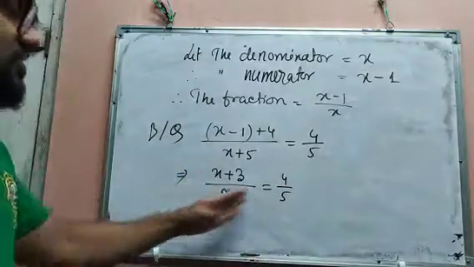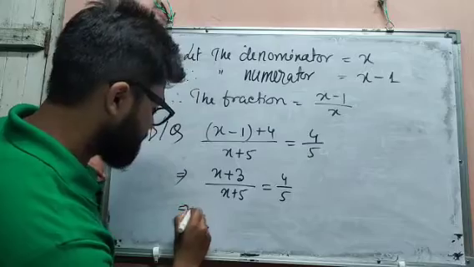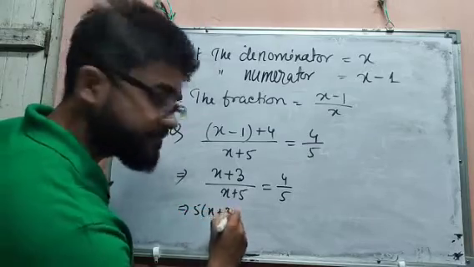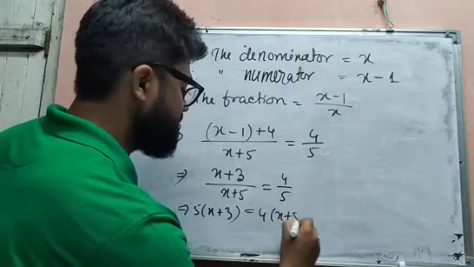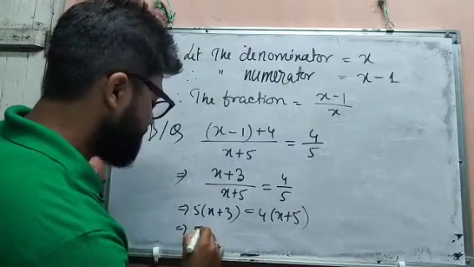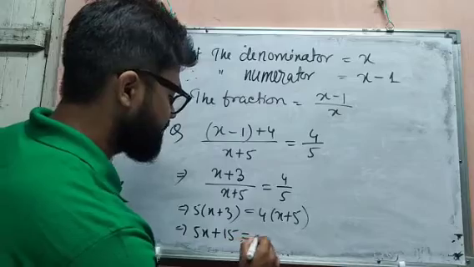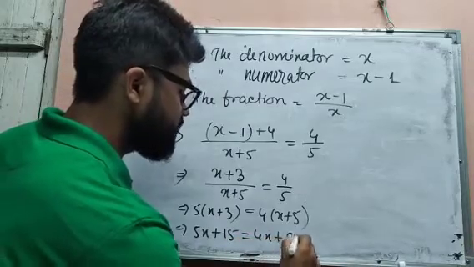Now do the cross multiplication. So 5 into (x plus 3) and 4 into (x plus 5), or 5x plus 15 equals 4x plus 20.